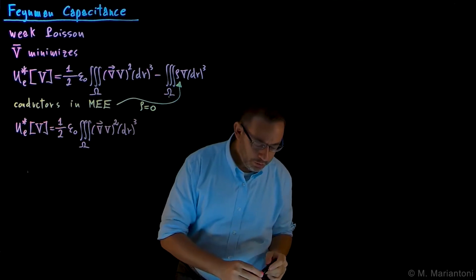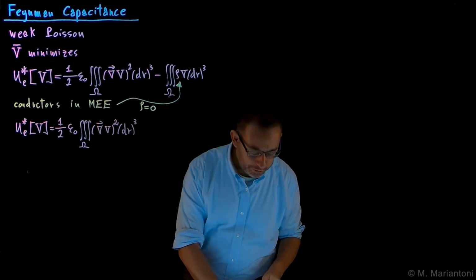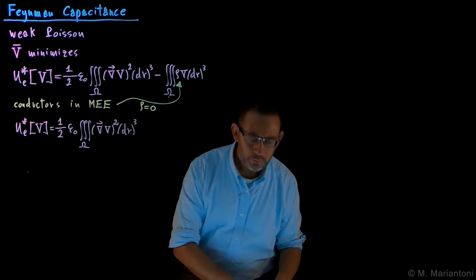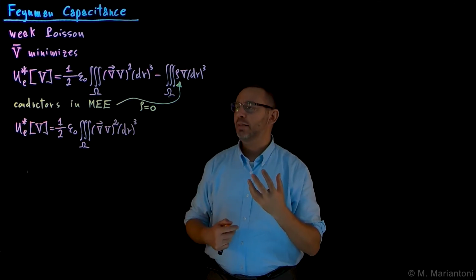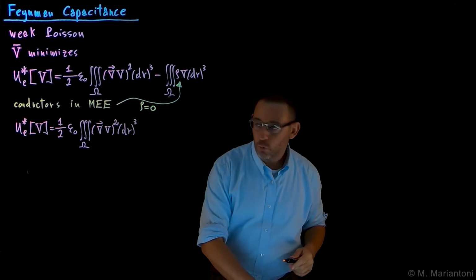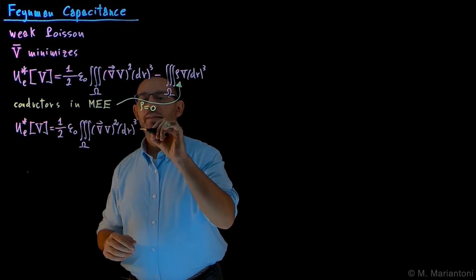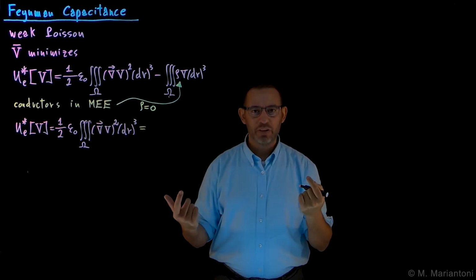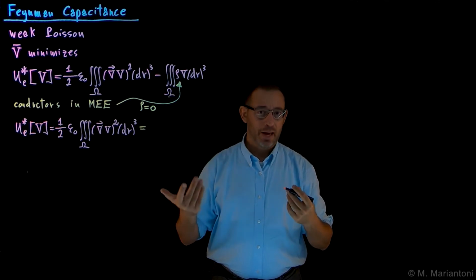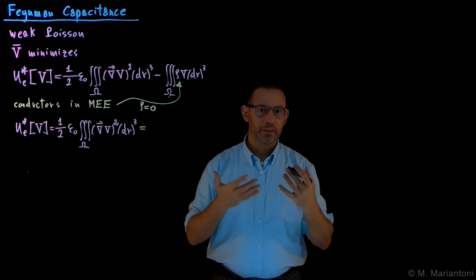Now, suppose we want to use this functional to find the capacitance associated with a capacitor, with a system of two conductors. Well, in that case, we can equalize this. We found in the previous video the electrostatic energy of a system of conductors, in particular of a capacitor.